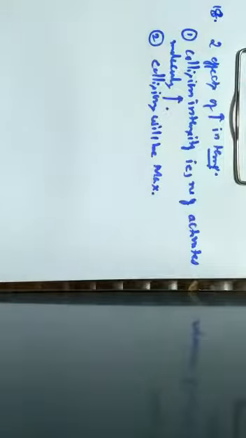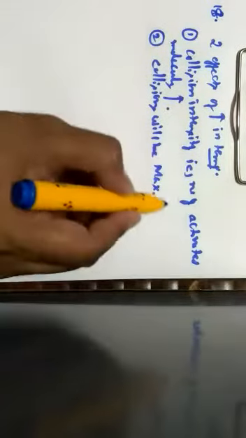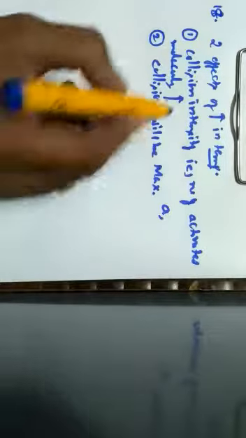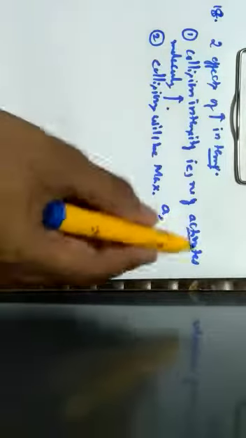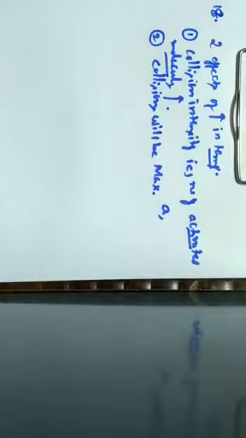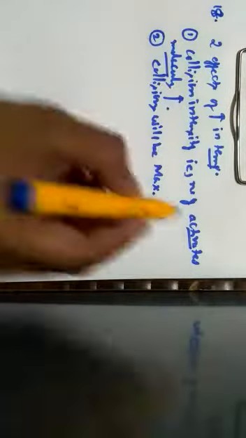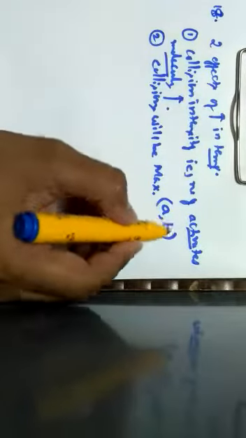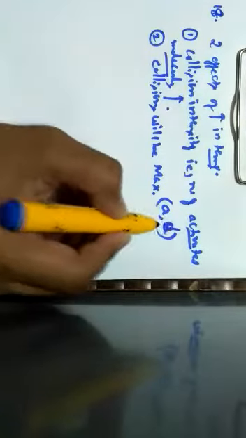So here when we analyze, the first option, increase in the number of activated molecules, is correct, because as the temperature increases, the activated molecules go on increasing, and increase in the number of effective collisions, because as the activated molecules increase, the number of collisions also goes on increasing, that is option D.